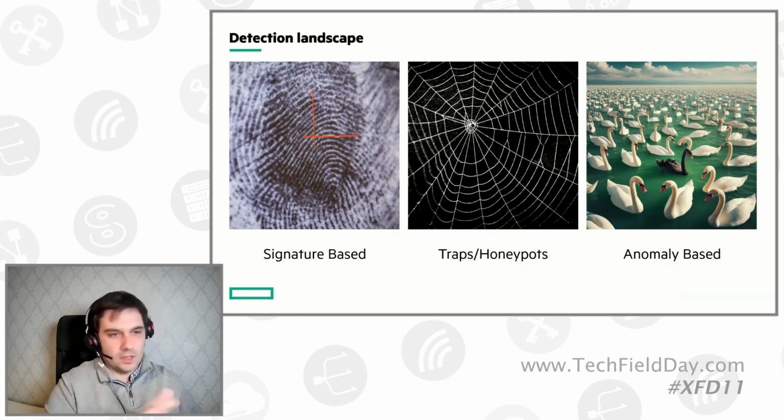And once I know you're in there, I can defend from what you're doing. And then anomaly-based, spotting anomalies in data. We are in the anomaly section, where we look at data flowing through the platform, highlight anomalies, and then tell you when we see something that doesn't look quite right.